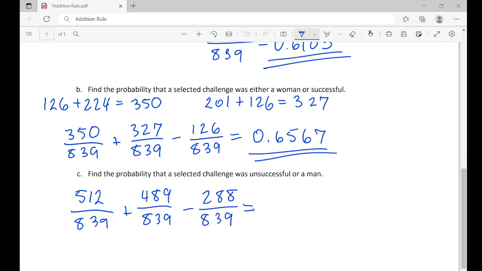Again, put that into a calculator, see what you get. You should get 0.8498 as the probability of selecting a challenge that was either unsuccessful or a man.